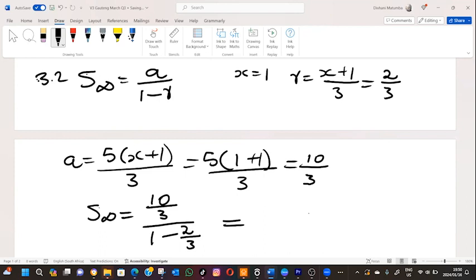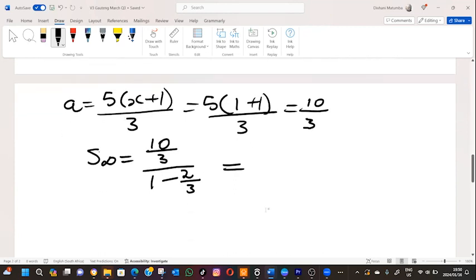For those who have scientific calculators, do not hesitate. So we're going to have 10 over 3 divided by 1 minus 2 over 3 will give us 1 over 3.